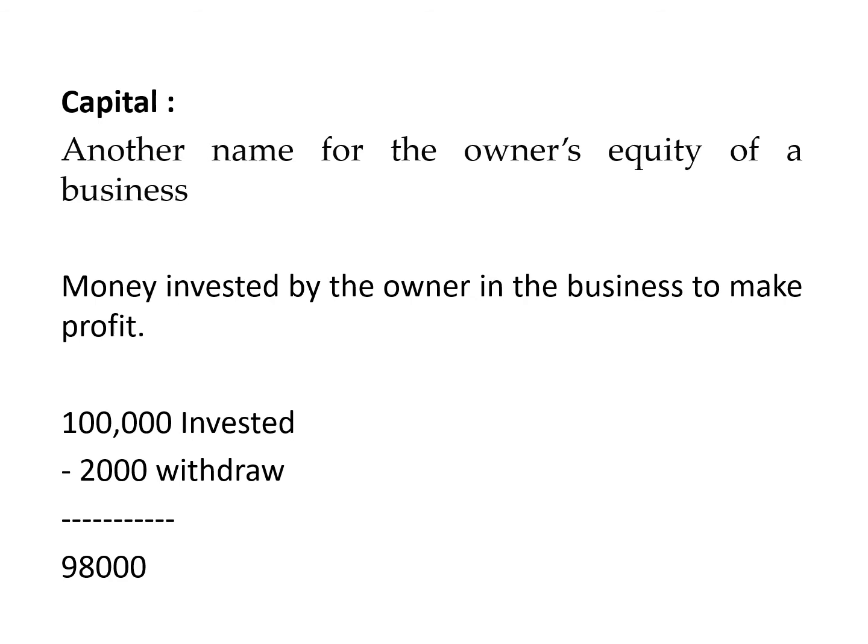So money invested means capital invested. So capital we have $100,000 minus $2,000 withdrawn by the owner. $98,000 is the remaining investment, meaning remaining capital. So this is the net capital. Initially capital was 100,000. Now it is $98,000 after subtracting $2,000.